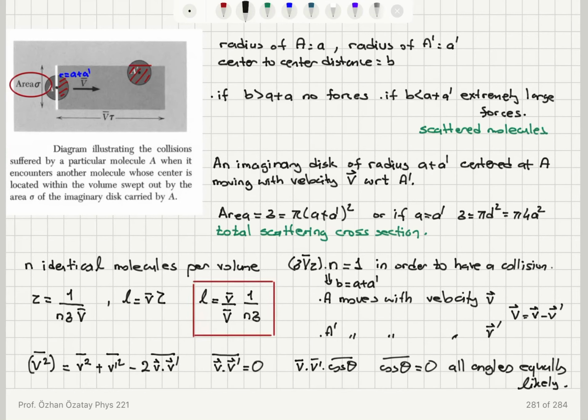The mean free path is lowercase v bar times tau. So we find that the mean free path is the ratio of the mean speed to the mean relative speed multiplied by 1 over n sigma.